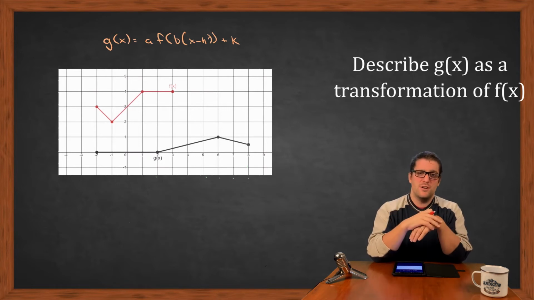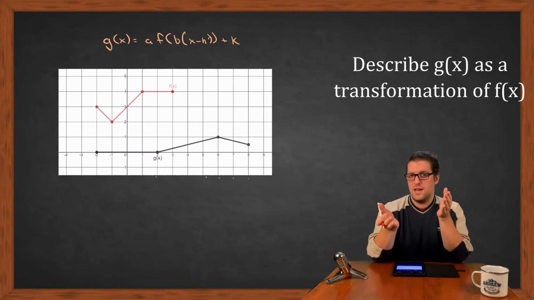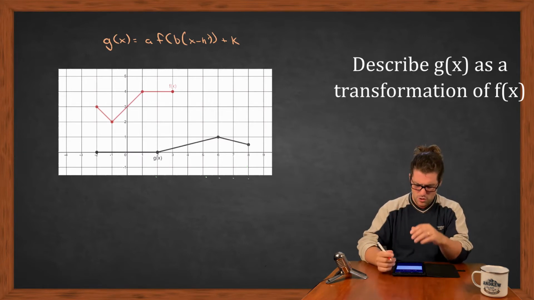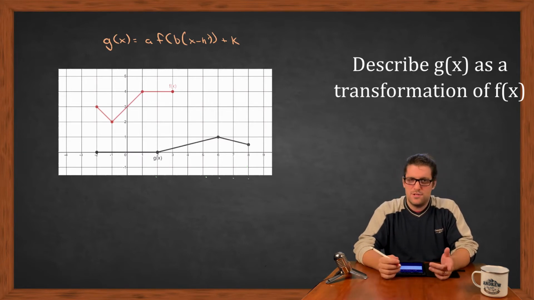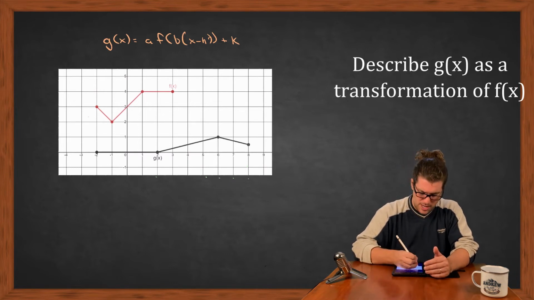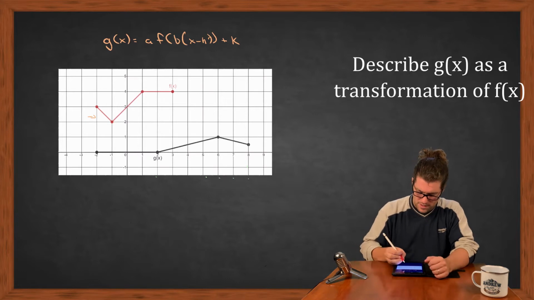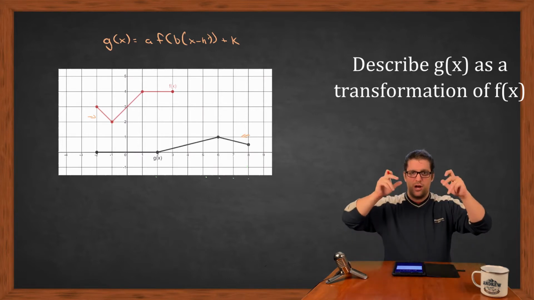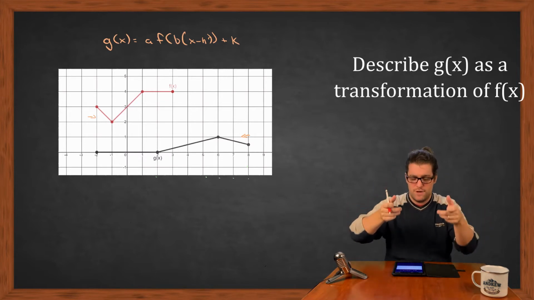So the first parameter here is an A, so we're going to figure out if there's any vertical stretching and if there's a vertical reflection. So I usually pick up whether there's a reflection or not first. So what we really are doing is looking at the shape of the original graph and the shape of the new graph and seeing if there is a top to bottom sort of inversion of interesting features.